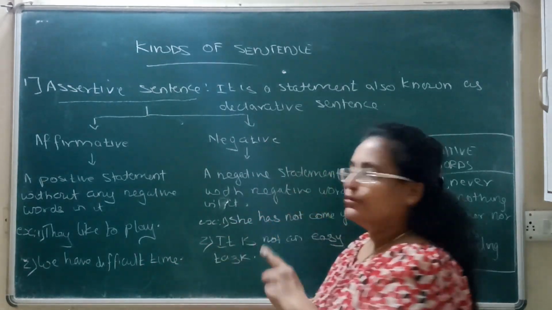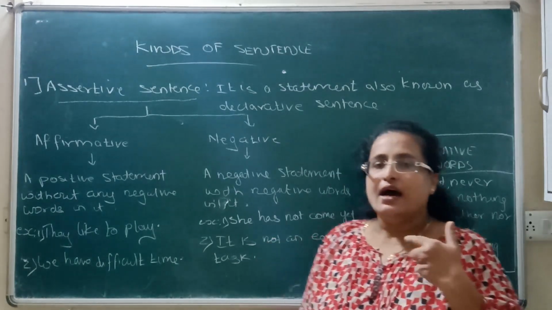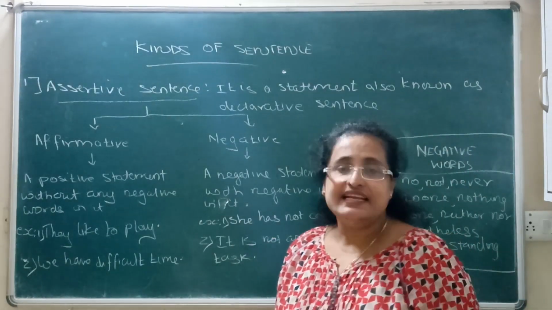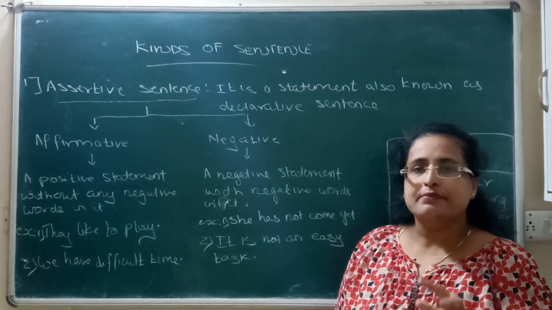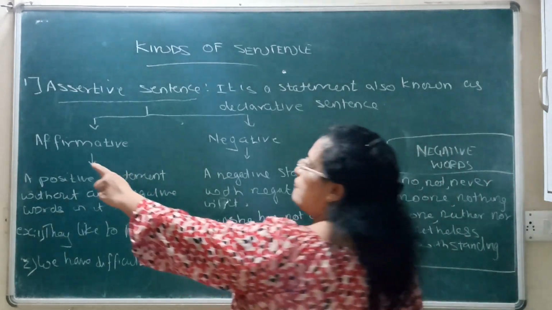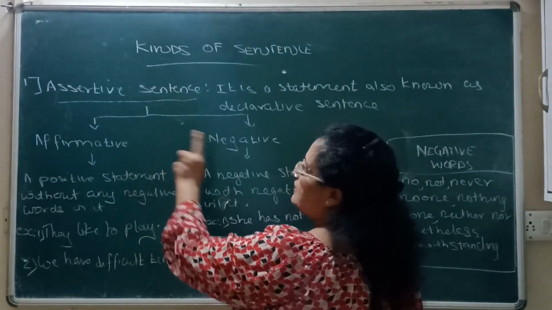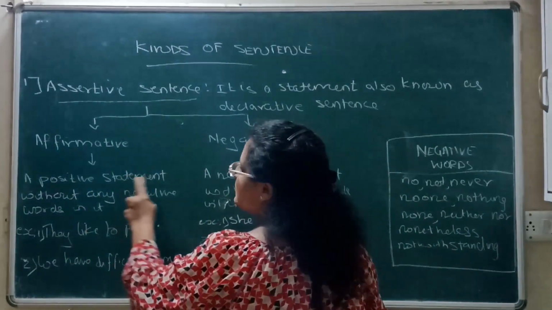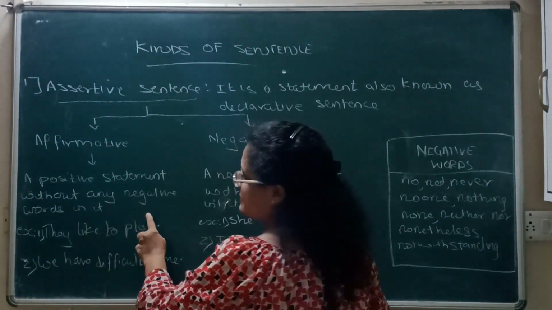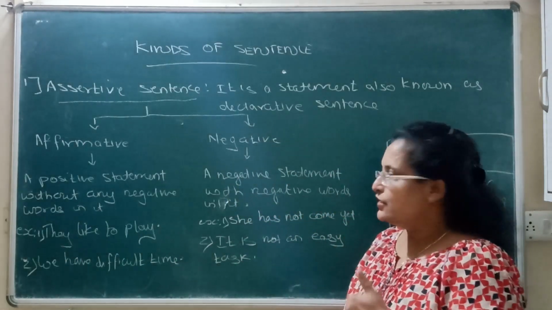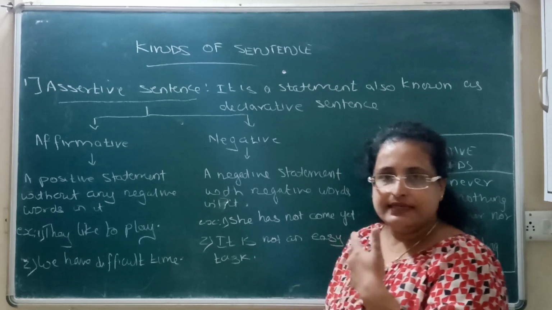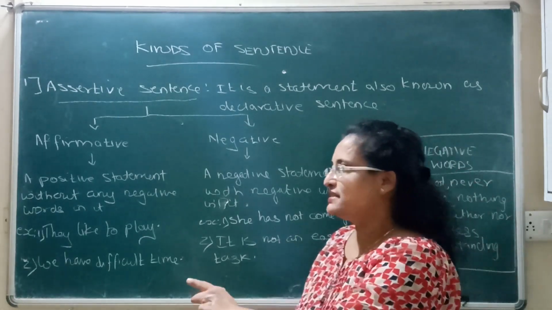Now let's come to assertive statement. A statement which doesn't have a negative word is known as affirmative sentence. Affirmative statement or affirmative sentence means a positive statement without any negative words in it. Example, they like to play. See, they like to play. It doesn't have a negation in it, and it is a positive statement.